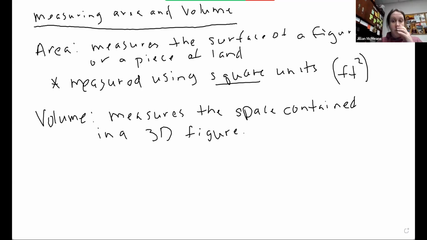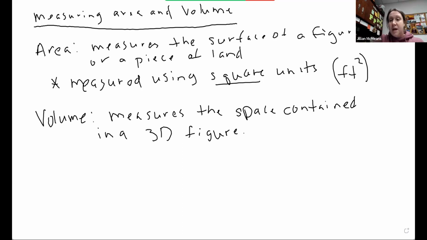Imagine you have a shoebox, and you want to know the space contained in the shoebox. Let's say we wanted to measure this in inches. Well, we can't measure it in just linear inches. We would never cover that space. We don't want to measure it in square inches because we would cover one surface, but we would never get the space that fills up that surface.